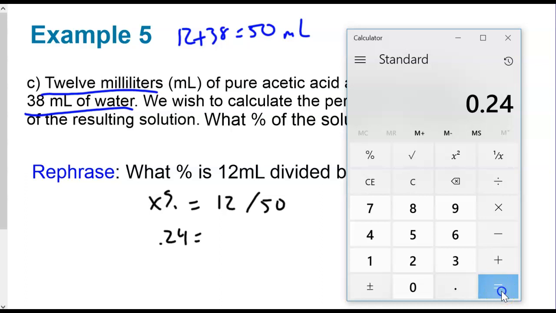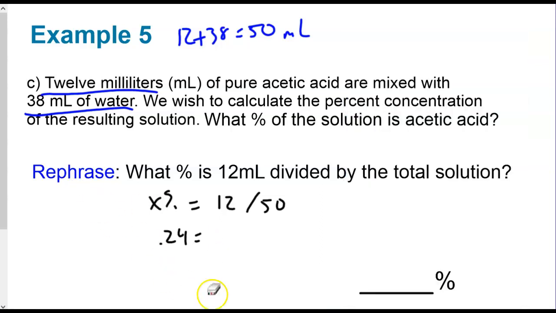Excuse me, I'll put my X on the wrong side. Okay, and so X equals 0.24. Since that is a percentage, we move this over and add a percent, and say X equals 24%.